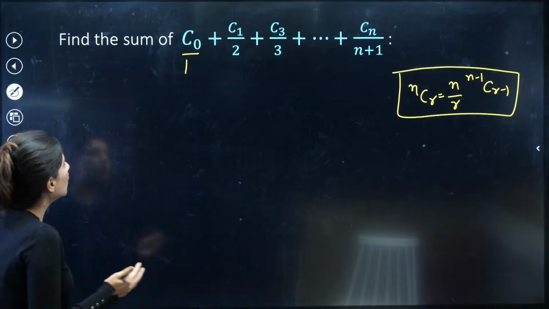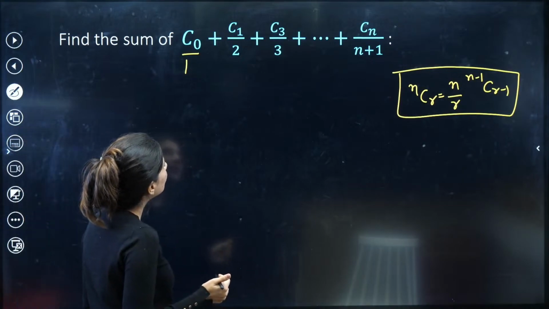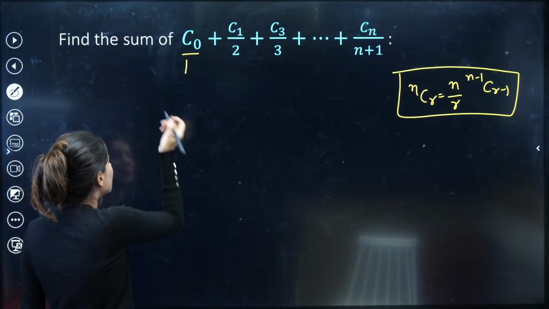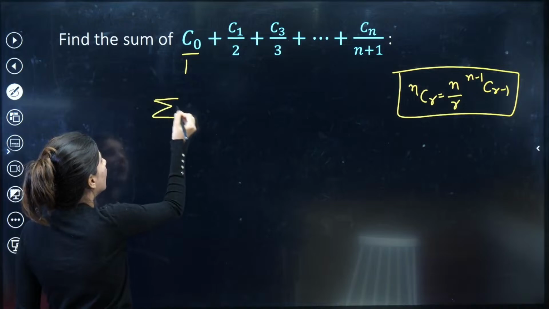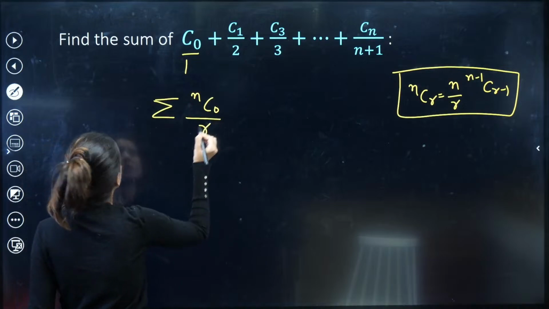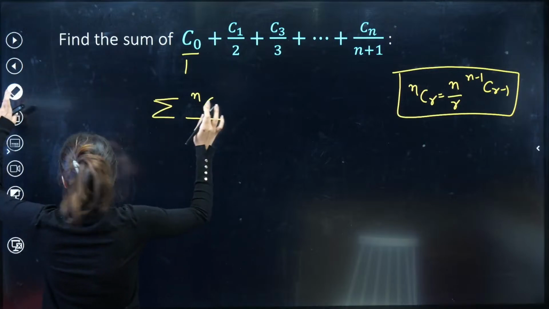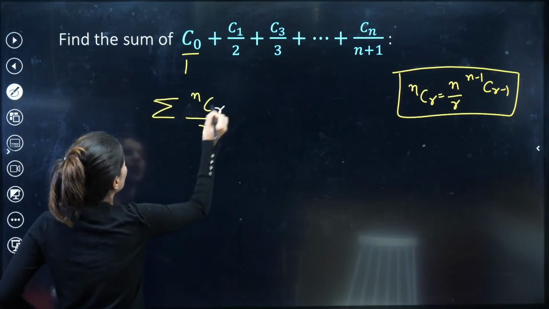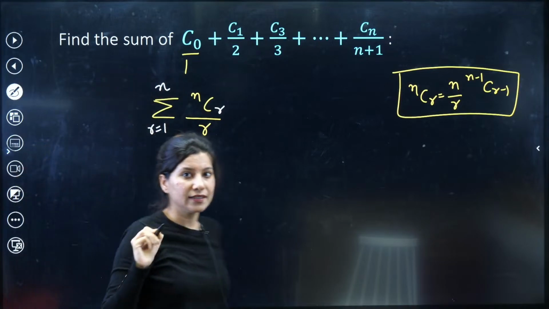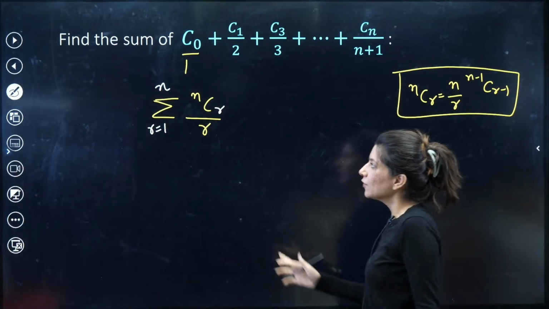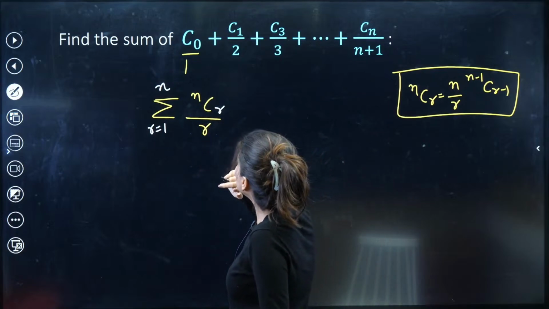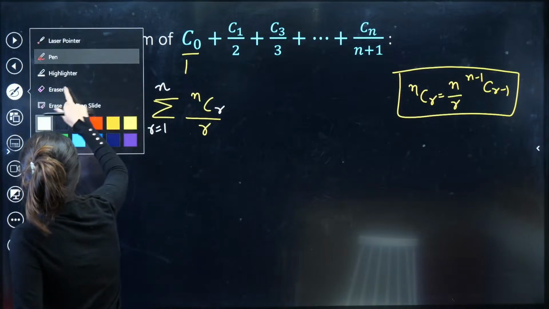Okay. So yes, NC0 plus NC1 by 2 and so on, right? So this is going to be, first of all, sigma NCR upon R, R is equals to 1 to n. Right? Yes. Did I write correctly? So the moment I put R is equals to 1, I get, no, incorrect.